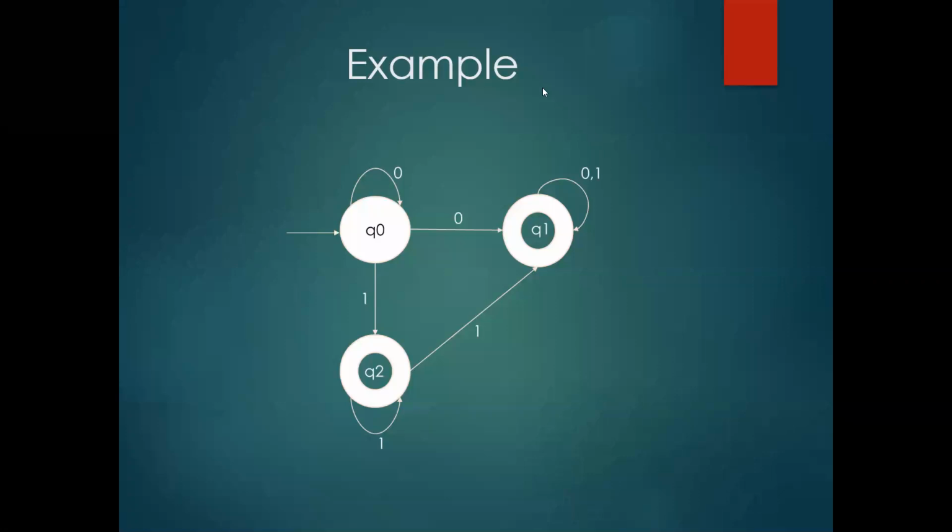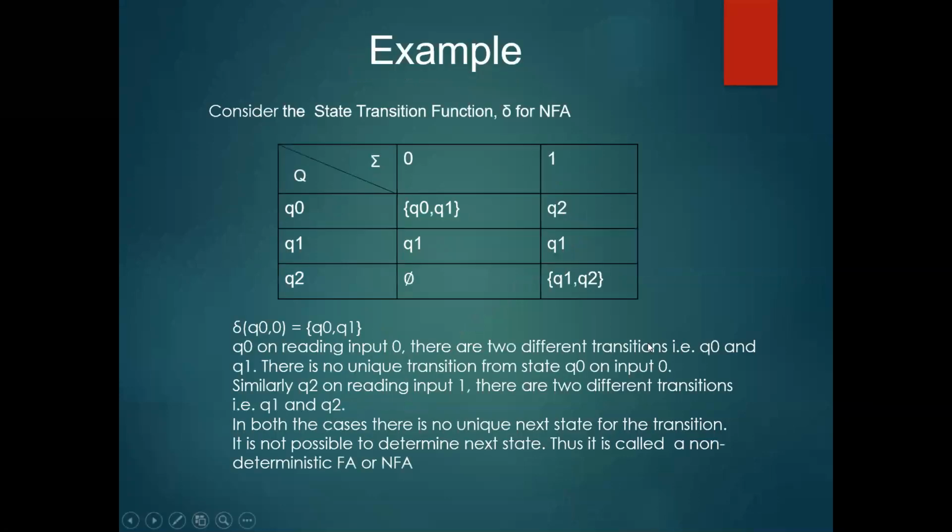So depending on this, you can design your state transition function. So this is your state transition function for the given NFA. As I told you, from state Q0, on input 0, you are transiting to Q0 and Q1.